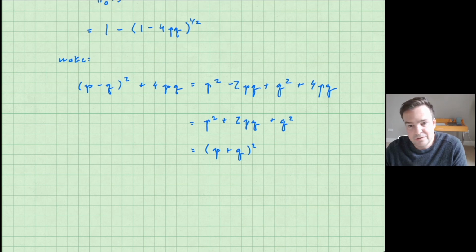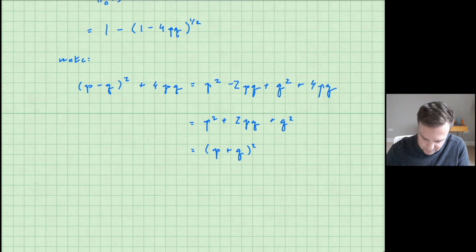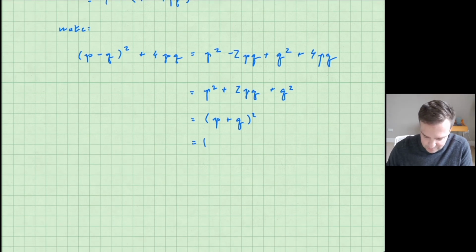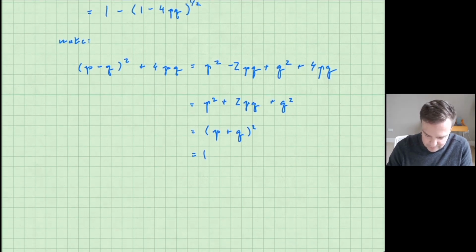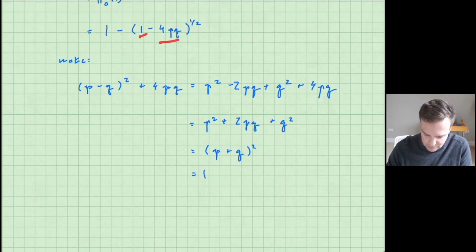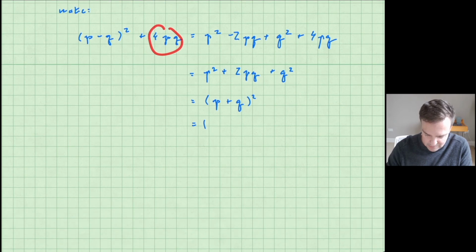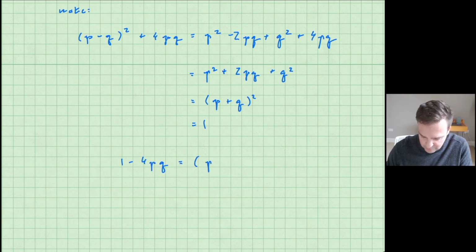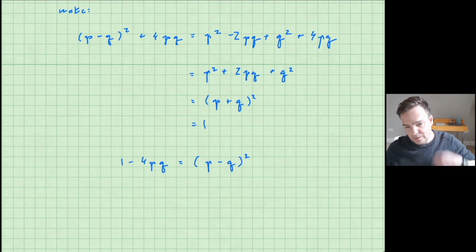But p and q, when added together, give 1, right? So this is 1. Okay, so if I clean this up, what I'm trying to do is recognize here's 1 and here's minus 4pq. So I'll move this over to the right-hand side. And what I get is 1 minus 4pq is equal to p minus q squared, right?